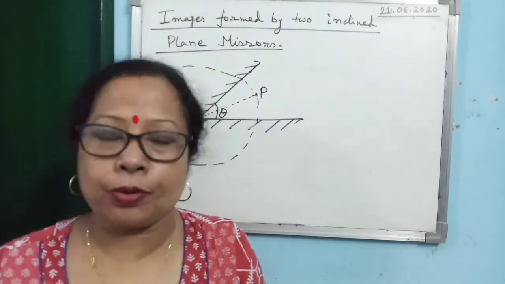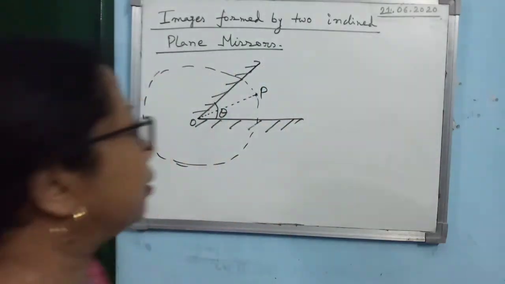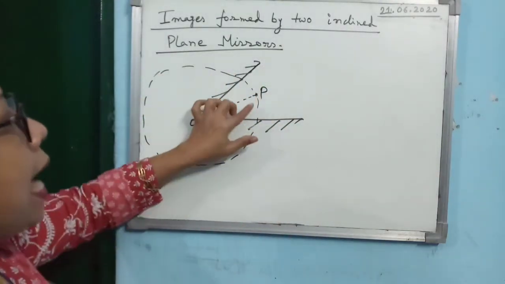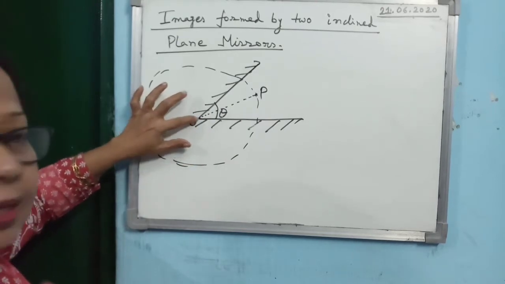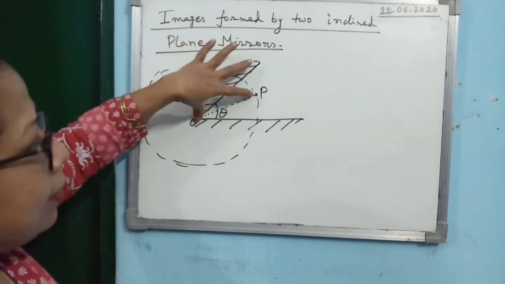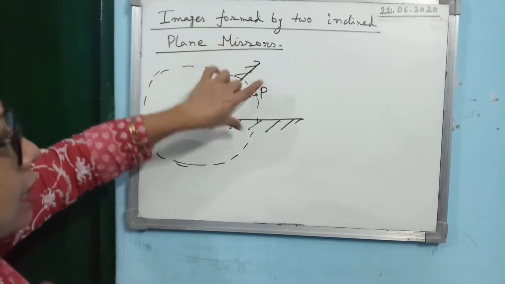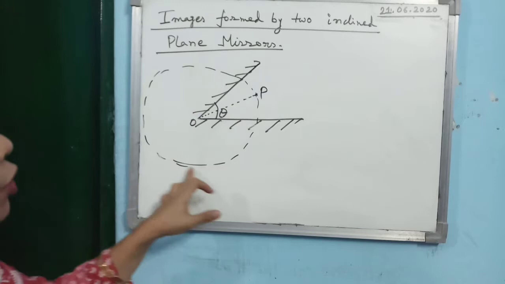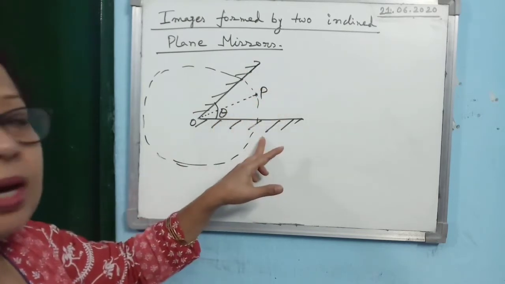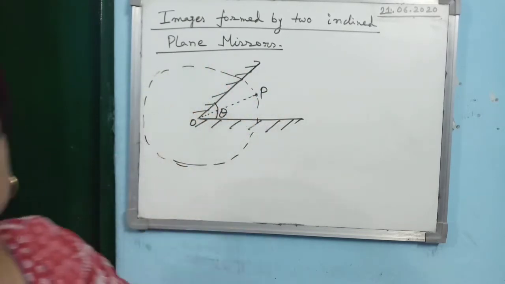How many images will be produced? That I will give to you next. And one thing you will observe: centering the point of intersection of the mirrors, taking this as the radius, if you draw a circle, you will observe that all the images formed by the 2 plane mirrors will be on this circle.